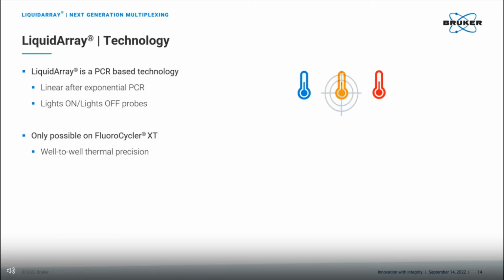As said, this is only possible on the FluoroCycler XT because of that well-to-well thermal precision, because we're really looking at multiple binding events in the one fluorescence channel across different temperature steps. We need to have very highly accurate and precise temperatures reached within the wells, and we can achieve that with the FluoroCycler XT.